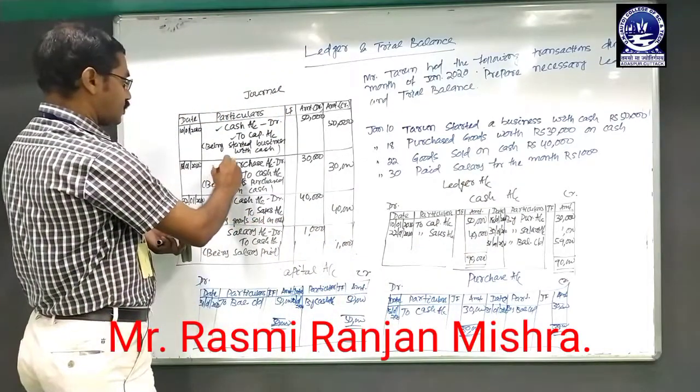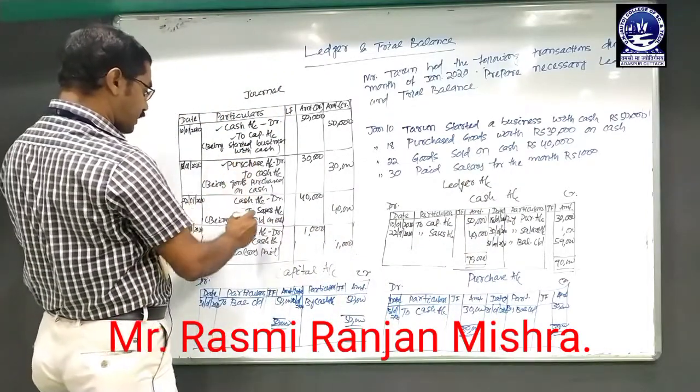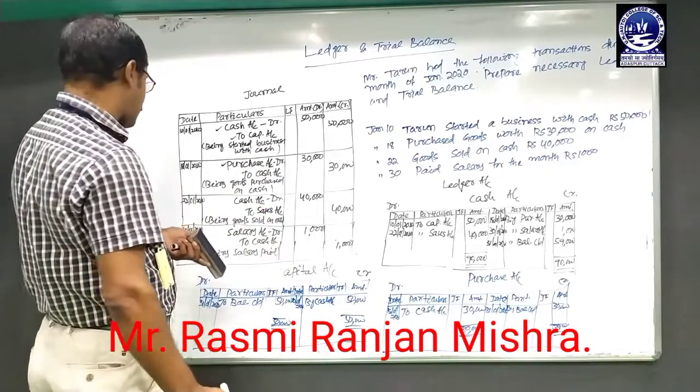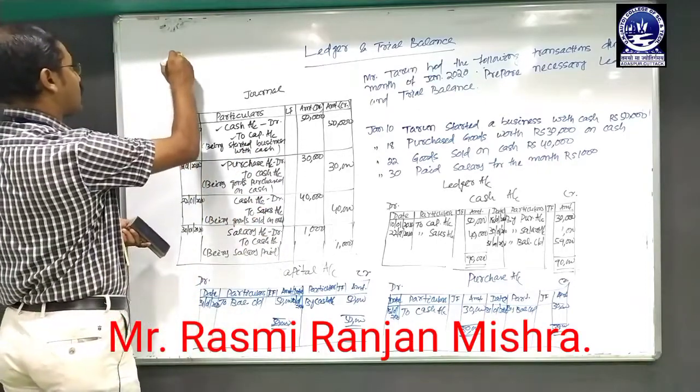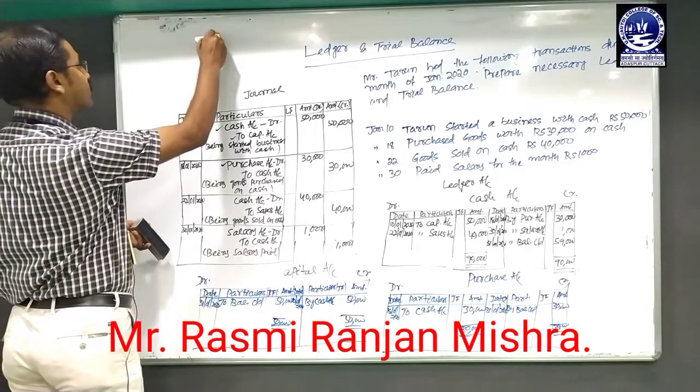So the purchase account is completed, and the cash account is already completed. Then another one is your sales account. Now we are going to prepare the ledger account of sales.